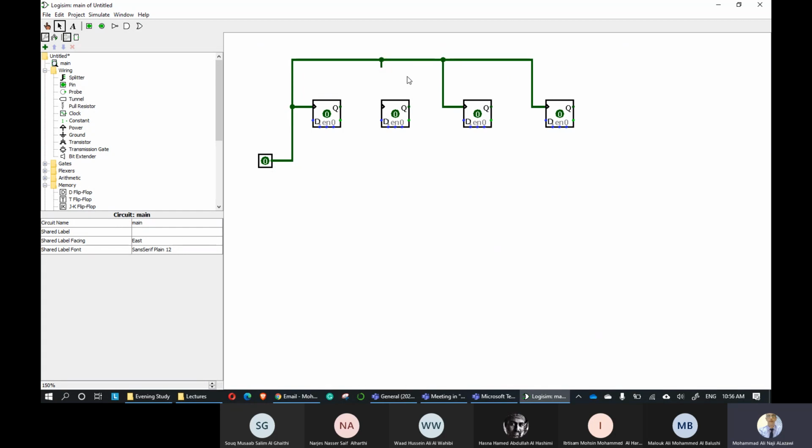Now, first we will implement the serial one, and we'll see if what I told you is correct. Again, I need another one. This is the input, not this one, I'm sorry. This is the input.